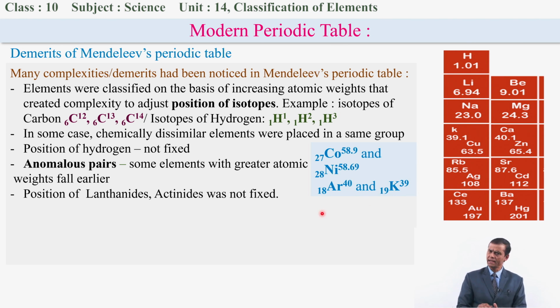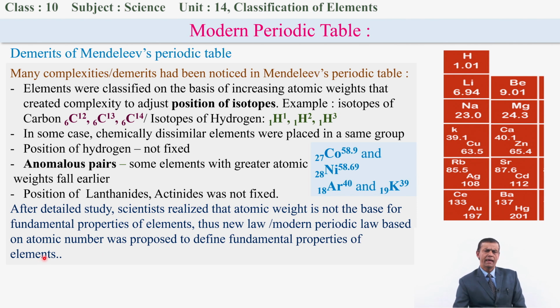Position of lanthanides and actinides was not fixed, isn't it? Lanthanides and actinides are different elements whose characteristics are not mentioned, position was not given. So after detailed study, scientists realized the atomic weight is not the base for the fundamental properties of the elements. That means Mendeleev's periodic table was not enough to explain detailed properties of the elements.